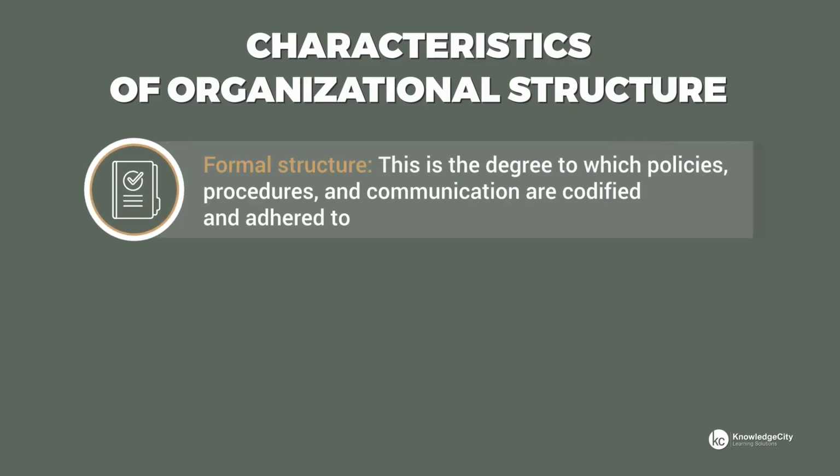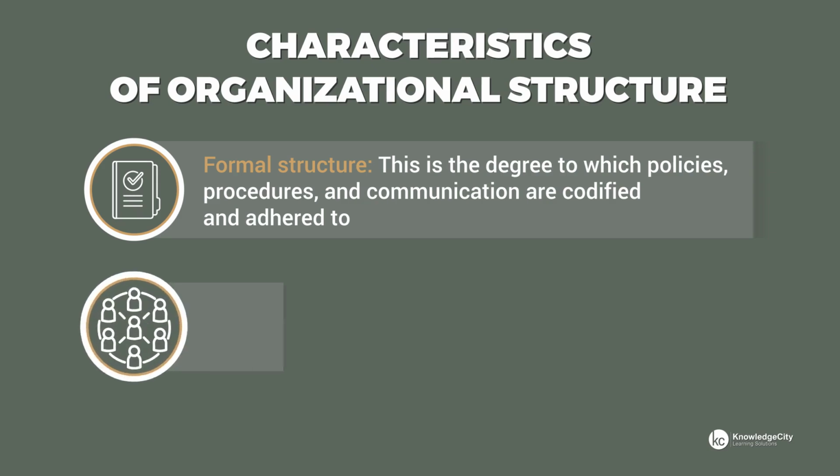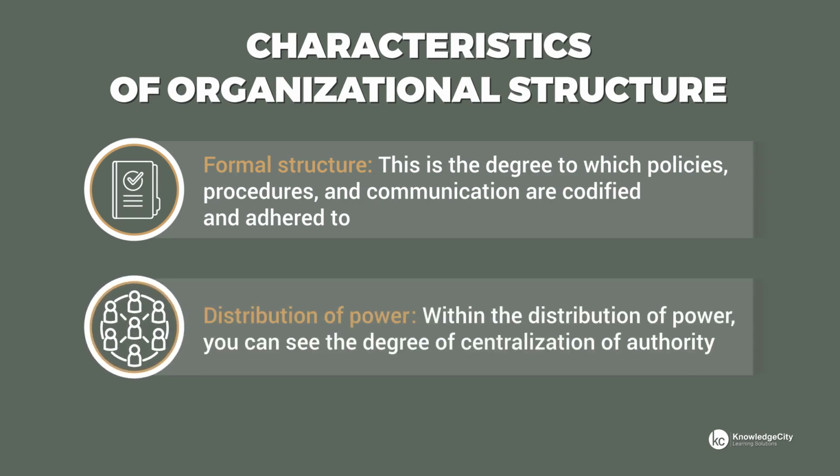Formal structure. This is the degree to which policies, procedures, and communication are codified and adhered to. And distribution of power. Within the distribution of power, you can see the degree of centralization of authority. The organization's power could be concentrated to a few executives or delegated among numerous different employees.